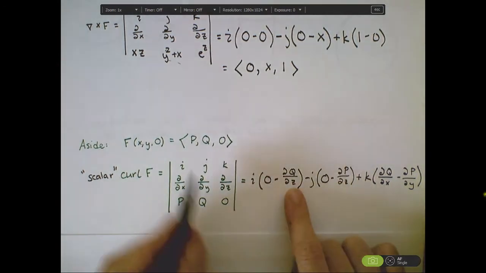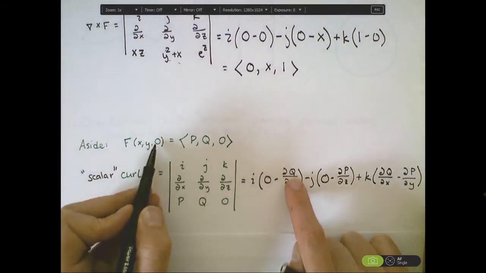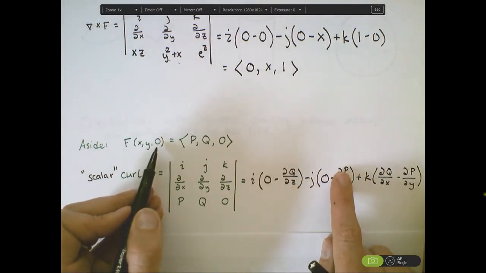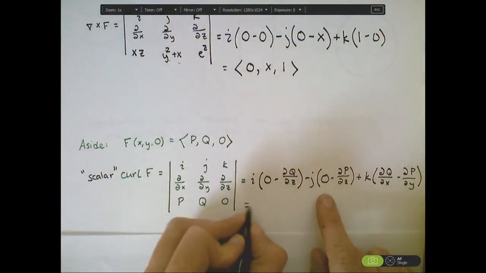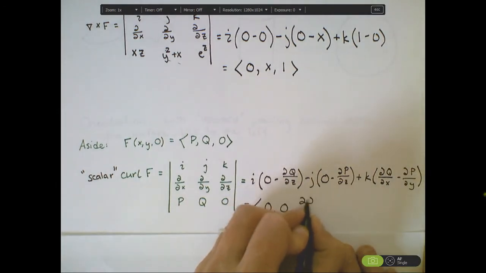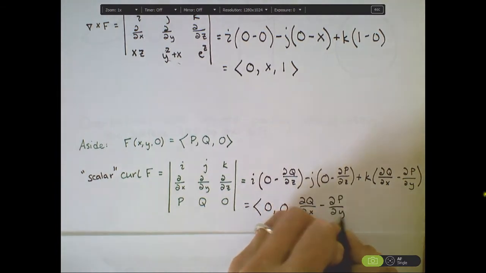And notice, because this was just a 2-variable function, I didn't have a z value here. My partial of q with respect to z is just 0, because there are no z's. And my partial of p with respect to z is also 0, because there are no z's. And that means that this vector is the vector 0, 0, dq/dx minus dp/dy.